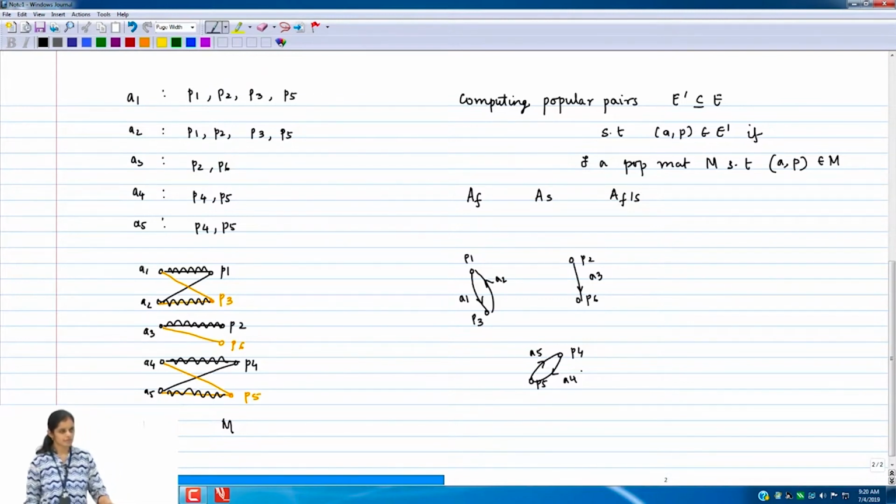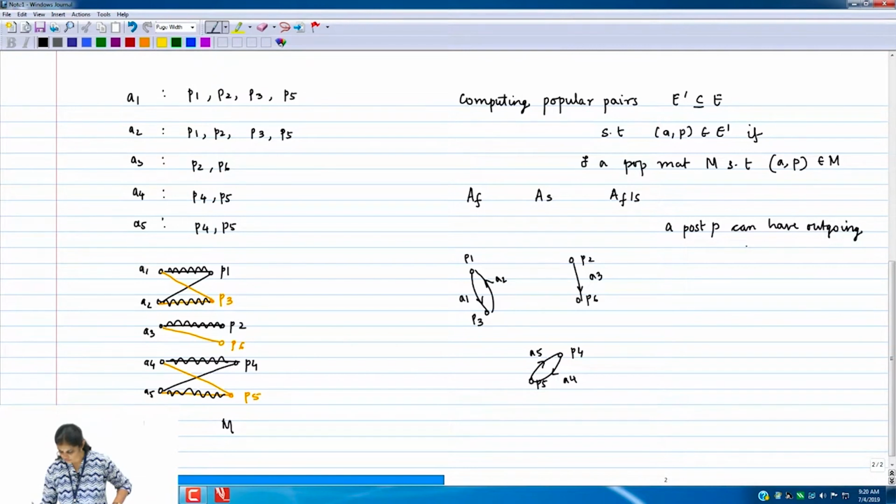So we have already observed that there can be vertices which, so a vertex or a post P can have no outgoing edge, and such a post P must be an S post.